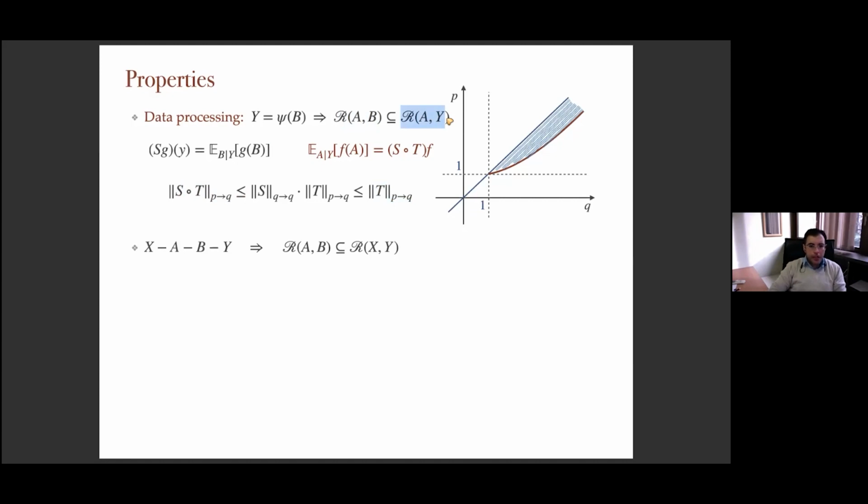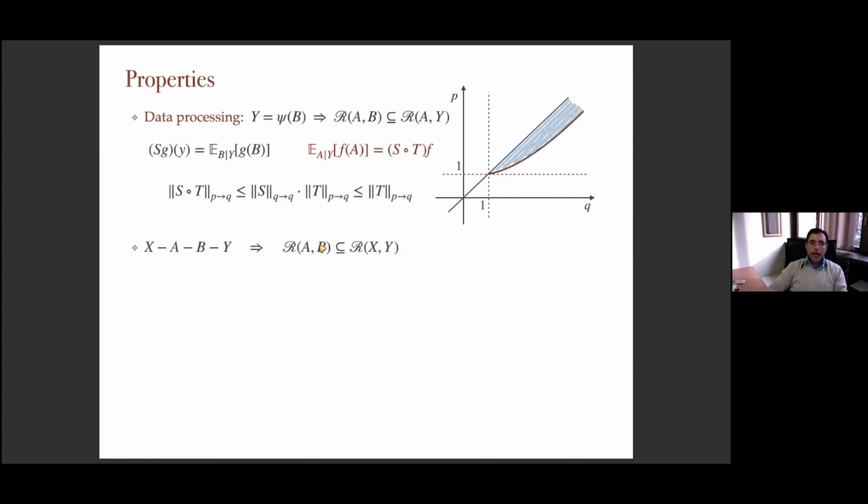Or in general, you can generalize it. It's essentially the same kind of argument. And if you have this chain rule, in general, the hypercontractivity ribbon of AB is inside that of X and Y. So if Alice and Bob both locally manipulate whatever they have, the resulting hypercontractivity ribbon would be a subset of the starting hypercontractivity ribbon.